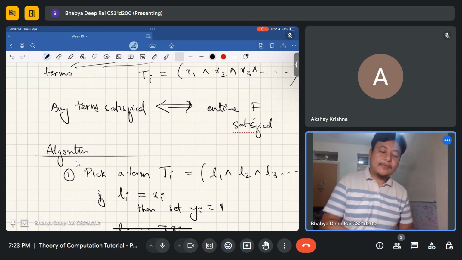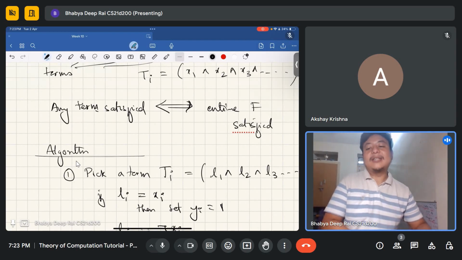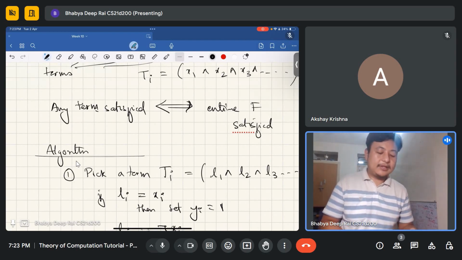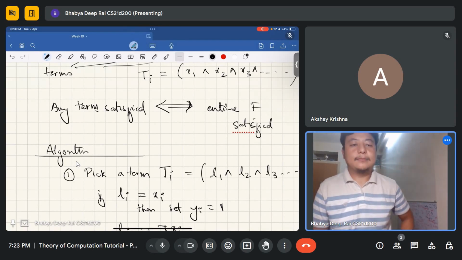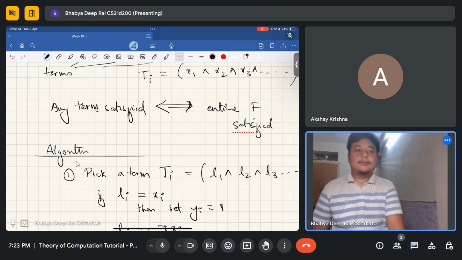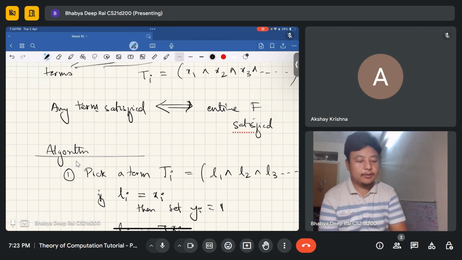Getting it? And if I don't find such a term, then I'll just reject it, because f is not satisfiable then. Because I can never satisfy that term. Okay. Is that clear? Yes, sir. Okay, good.